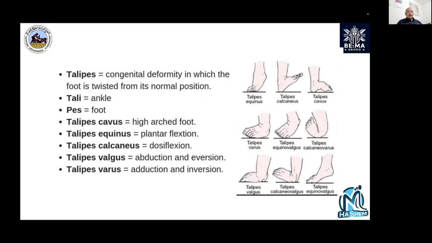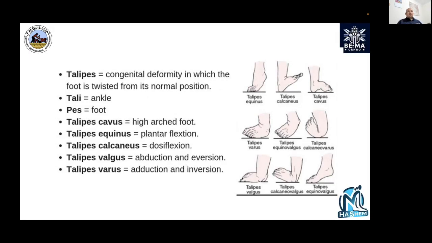And when you have the foot and ankle deformed, you name the deformity as talipes. So the commonest one is congenital talipes equinovarus, or CTEV. Basically, because it is a deformity of the ankle and the foot, we call it talipes.